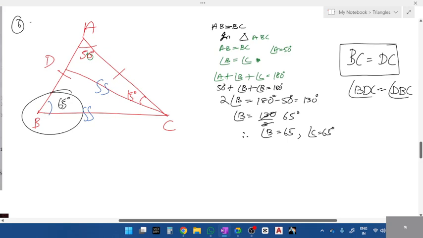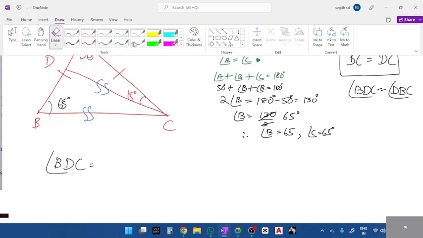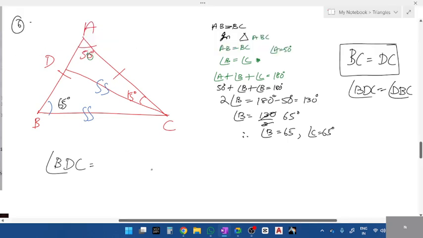So we found one angle. What's the other angle you have to find? You have to find angle BDC. If both are equal, then those two sides are equal. Now, how do you find BDC, students? Draw BDC. BDC is exterior to which triangle?